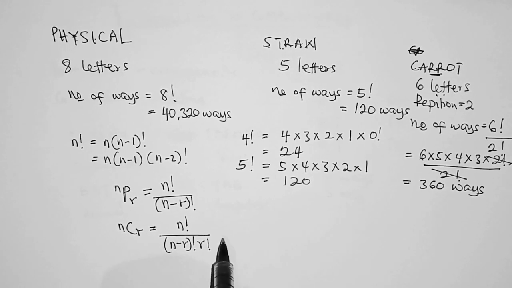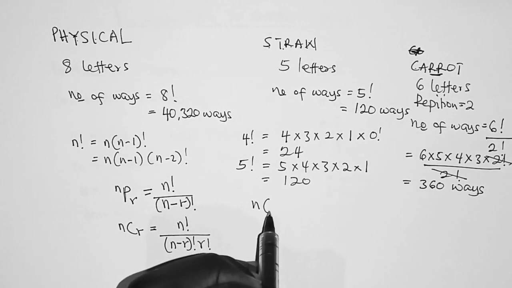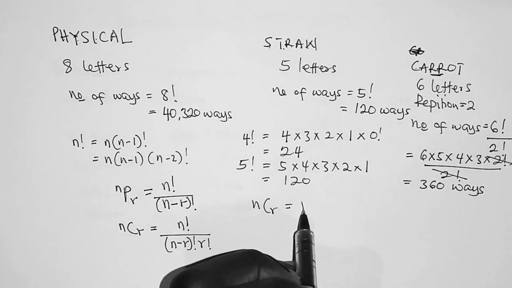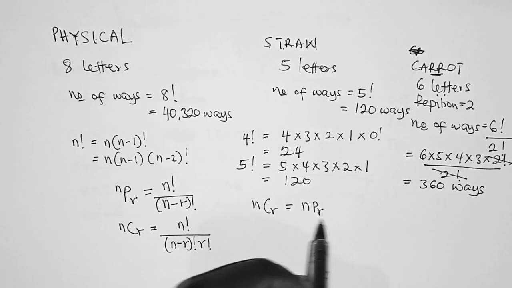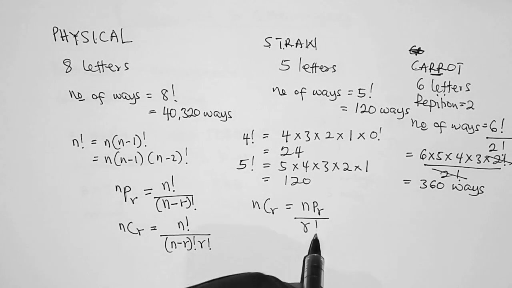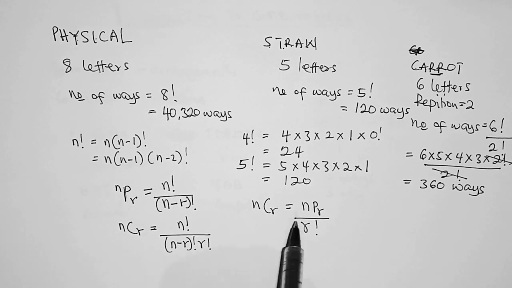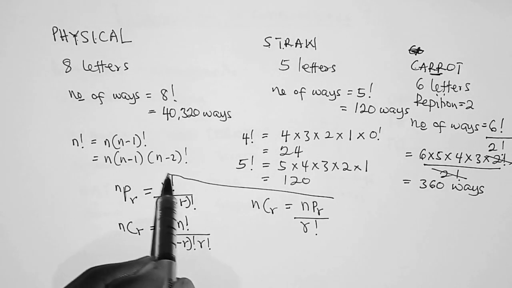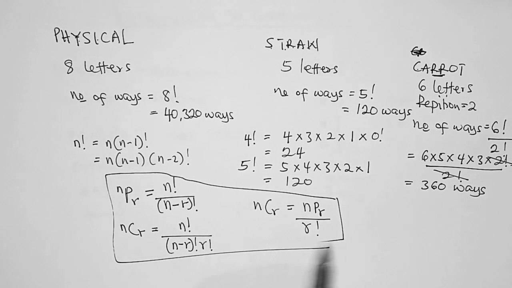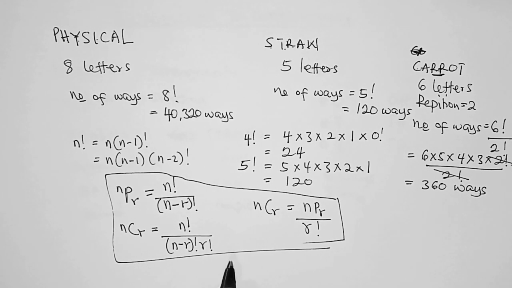So you see that if you compare this to this, then we can say that n combination r is equal to n permutation r divided by r factorial. So these are 3 very important mathematical equations as far as combinatorics is concerned.